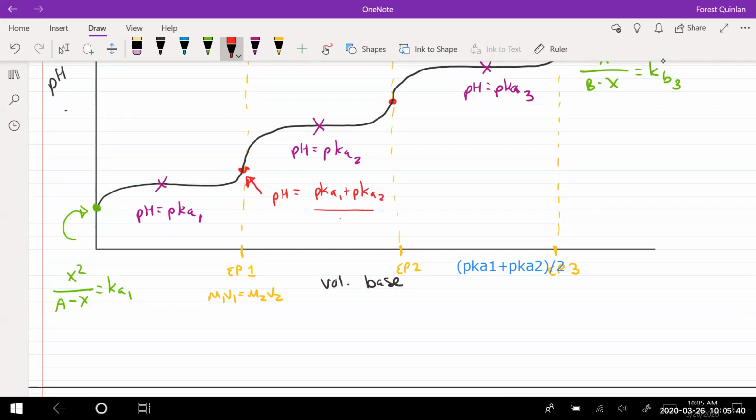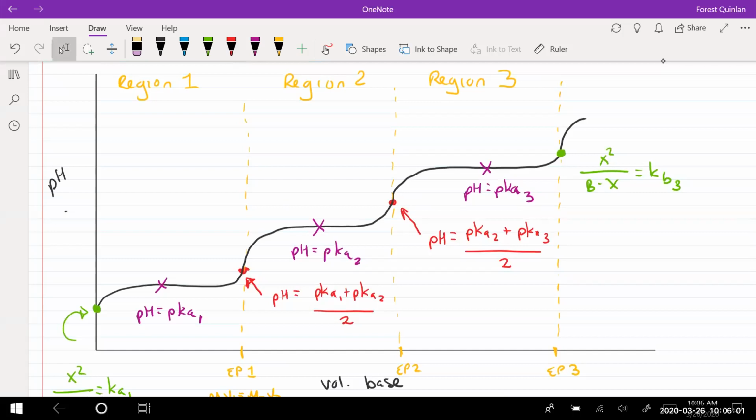Yep, it's still 2, which means this one right here is pKa 2 plus pKa 3. And then all points in between, pH equals pKa 1 plus log of x over a minus x.